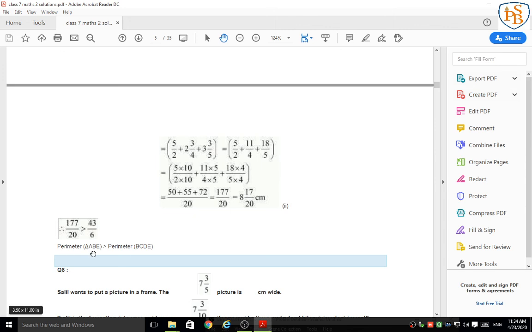That is perimeter of triangle AB is greater than perimeter of rectangle BCDE. Okay.